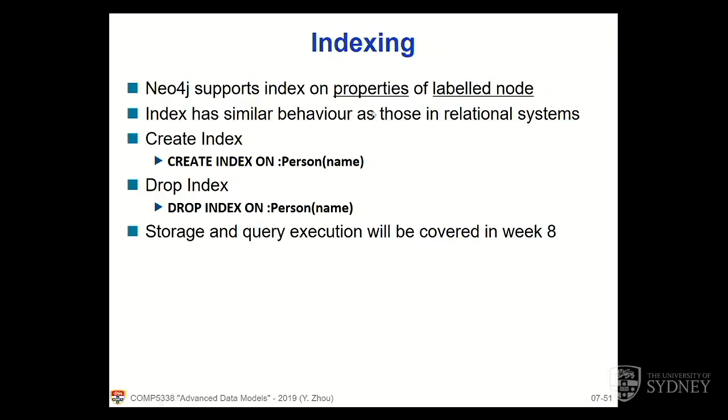Creating an index is quite simple: create index on this, where Person is the label, and we want it on the name property. And you can drop it as well. This is basically how an index is used, and it will be covered in next week.